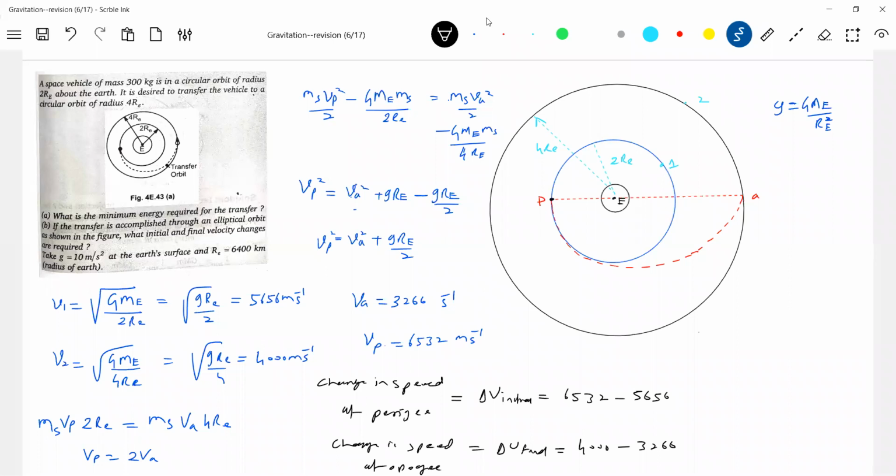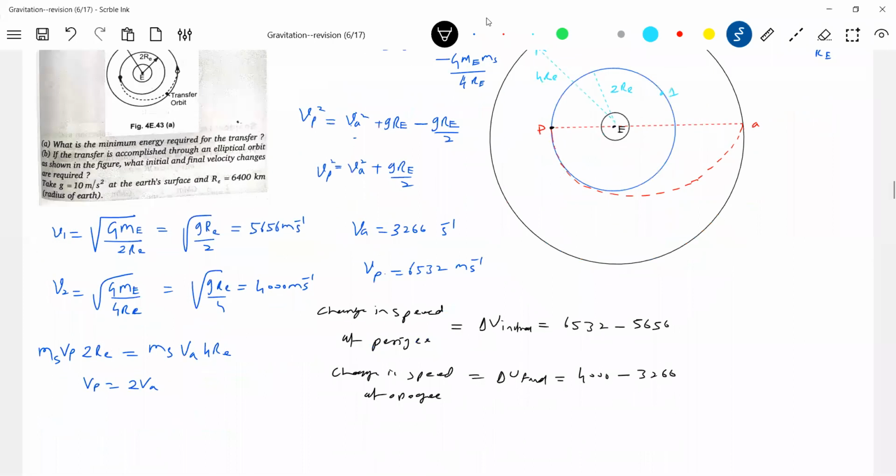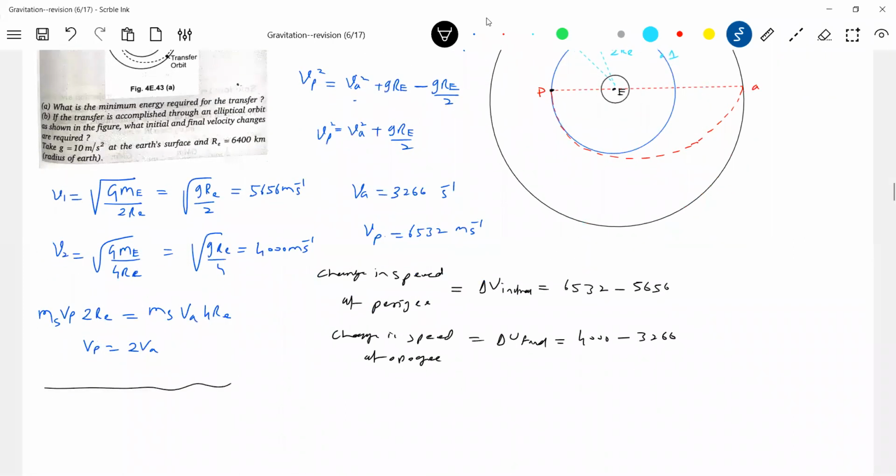I think the energy needed, I'll write it here. Okay, we can slide down. Delta E, the total energy to be supplied. Mass of satellite times, at perigee, how much? VP square by 2.